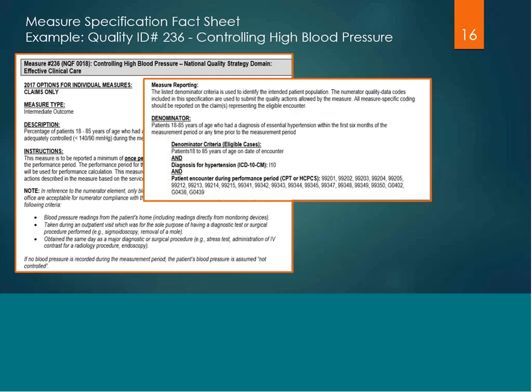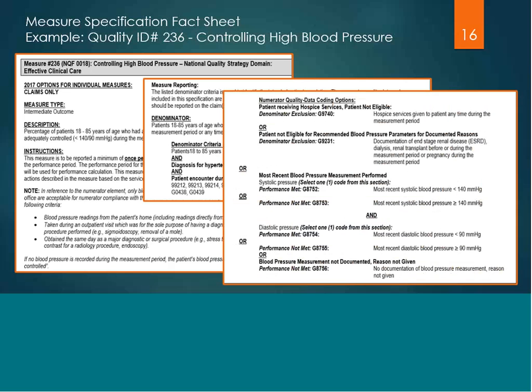And of course, the patient must be seen during your reporting period, so it's listing all the appropriate office visit codes. It will also then list the numerator codes, and the numerator reflects if you have met the measure, what action was taken to reflect that the measure has been satisfied.